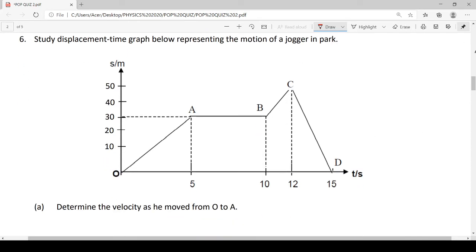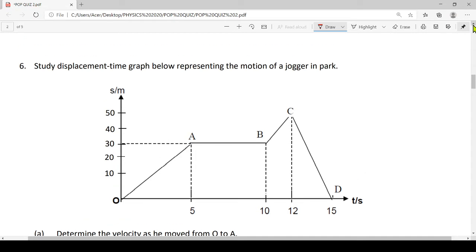So for this question, you are given a graph of displacement against time. So remember, when you are given a graph, you must look at two things. First is the gradient. Okay, that's number 1. And number 2, the area under the graph.